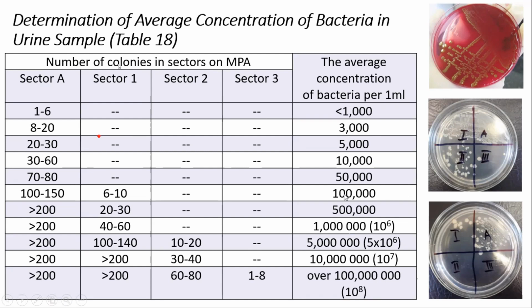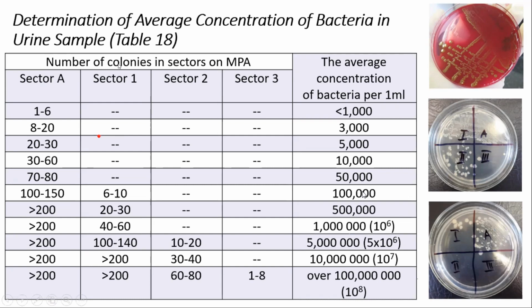How does it work? If we can see growth only in quadrant A, it is just contamination from the urethra, right? I can show you 2 plates. This is the plate we described, and this is another one. You can see growth in quadrant A and just 1, 2, 3, 7 colonies right here.